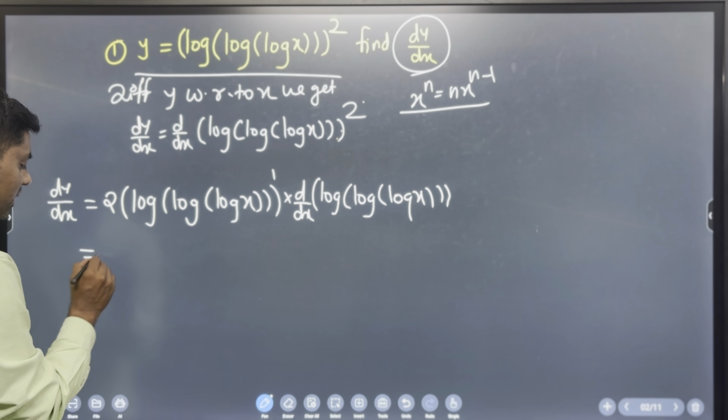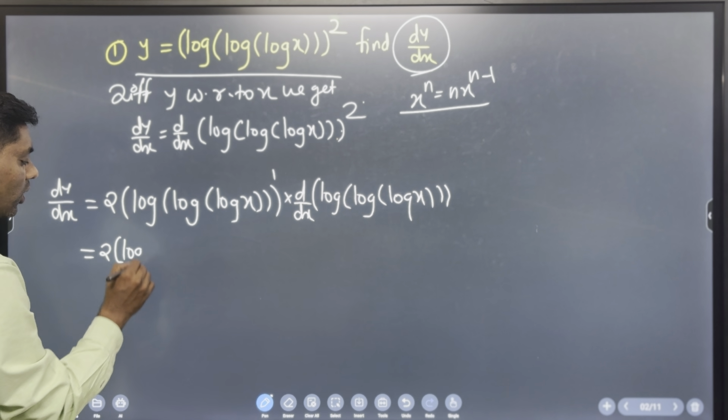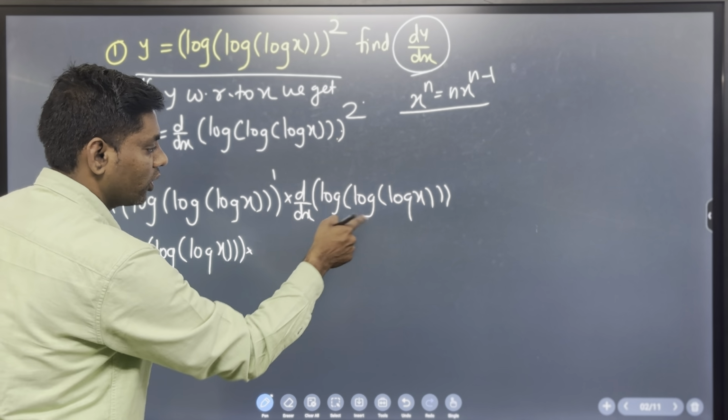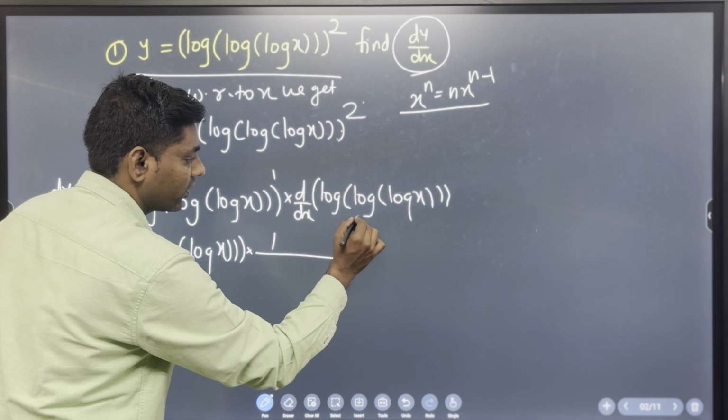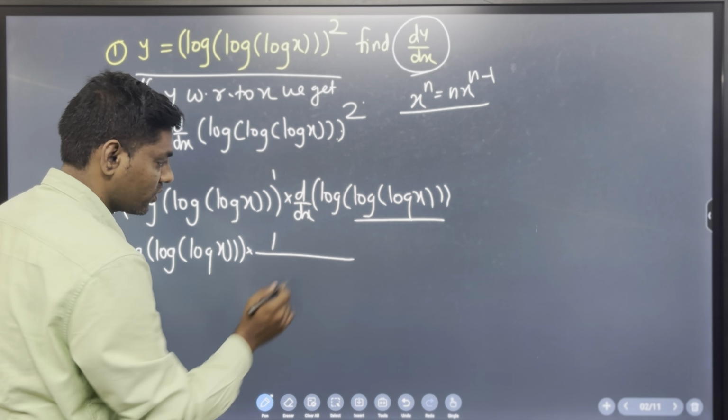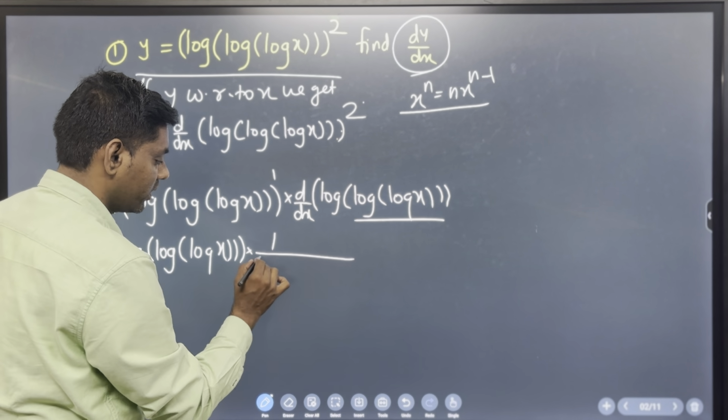So according to that formula, 2 into log of x, then the derivative of log, that is 1 upon x. This term completely goes to the denominator, so 1 upon log of x, and again we take the derivative of log of x. Remember, the derivative of log of x is again 1 upon x.